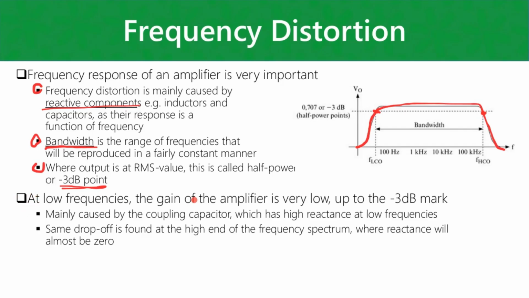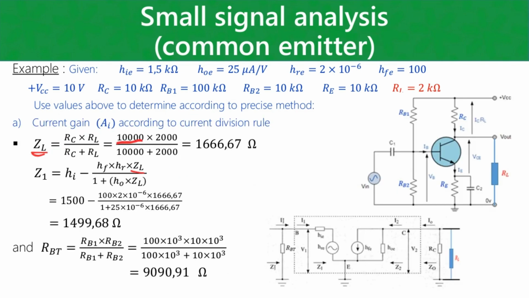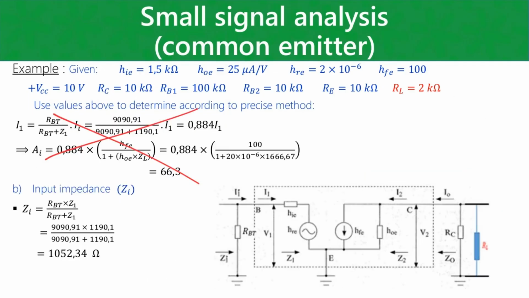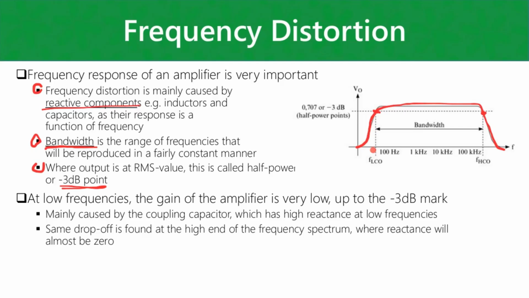So at low frequencies, the gain of your amplifier will be very low, and that's mainly caused by any coupling capacitors that you have. If I can quickly go back to one of our circuits here, there, it's a coupling capacitor. Depending on the size of that capacitor, that's going to influence the low frequency range of your amplifier, basically at which point that cutoff frequency sits.